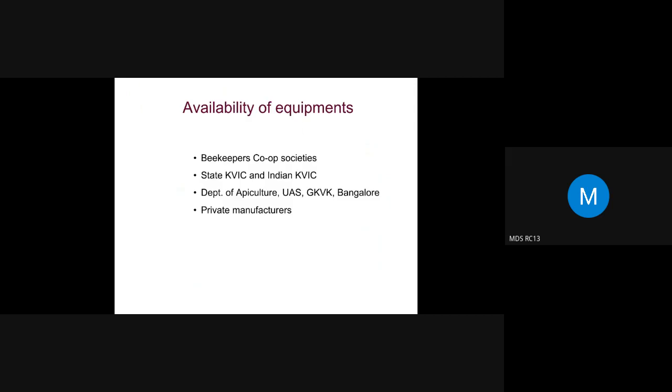These equipments are available in bee cooperative societies, state KVIC, that is Khadi Village Industries Commission, and in Karnataka, in Bangalore at GKVK, University of Agricultural Sciences. There are also many private manufacturers who supply these equipments.